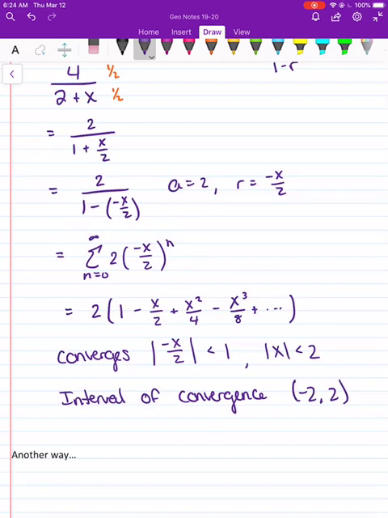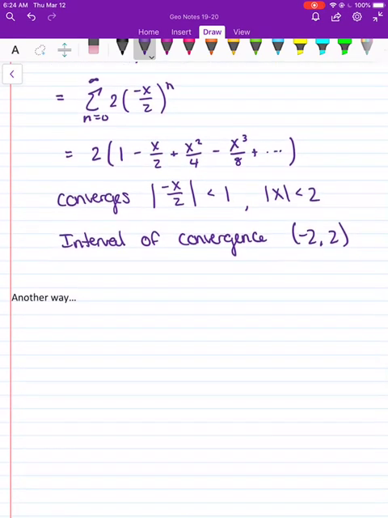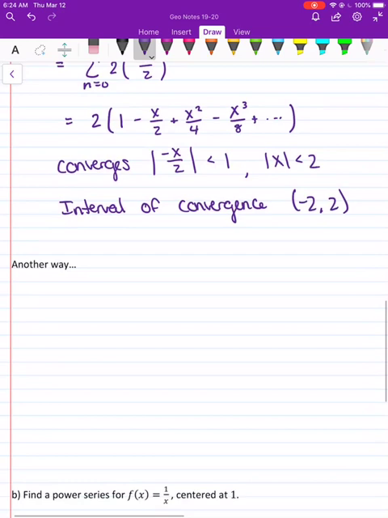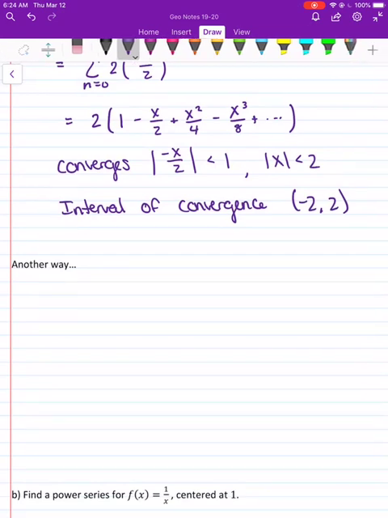So another way to do this is to do long division. So it's not fun, but it is doable. And if you always want to check your answer, you can do it that way. So essentially what we're doing here is we're taking 4 and we're dividing 4 by 2 plus x.